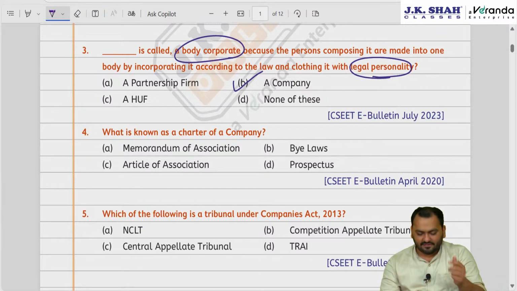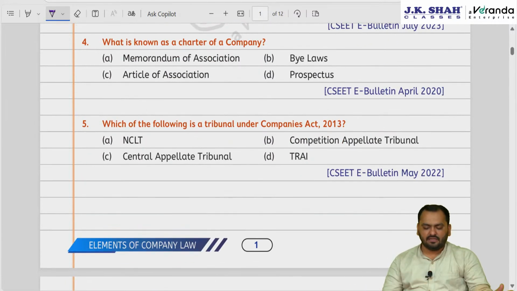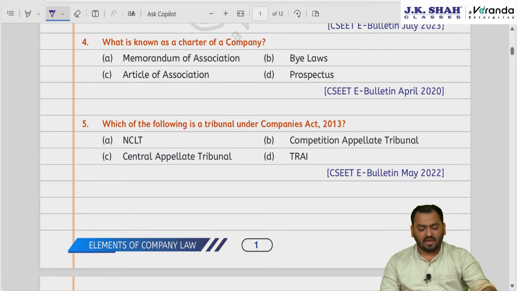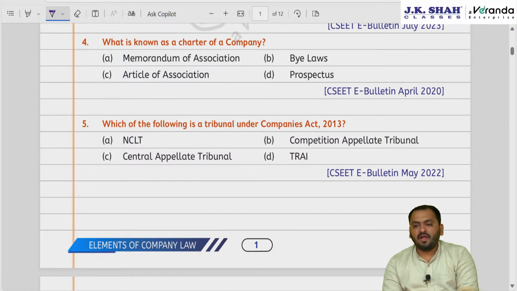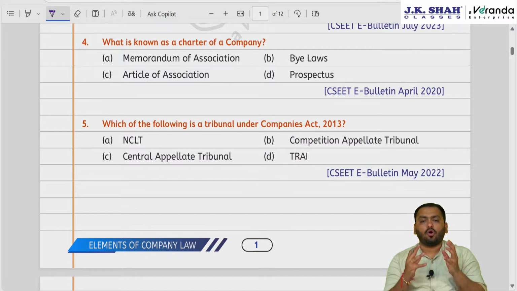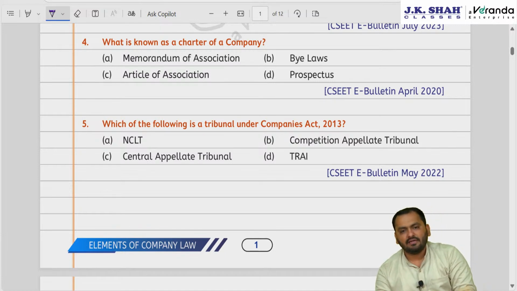Yes, come on. Next is, what is known as the charter of a company? Memorandum of association, bylaws, articles of association, or prospectus. So friends, when we say charter of a company, what does it mean? Every company has its constitution document that is called MOA.